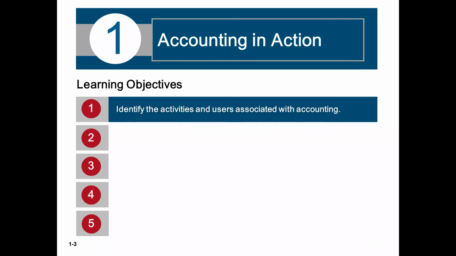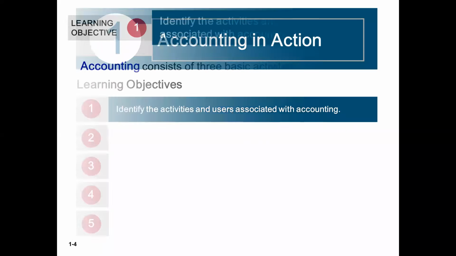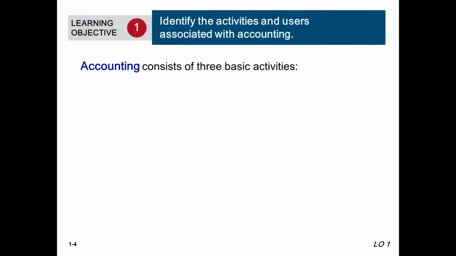All right, so who are the users and what are the activities that go on in the accounting world? Accounting consists basically of 3 activities. And when we're talking about the activity, we're talking about what role the accountant in a company plays as far as accounting activities.